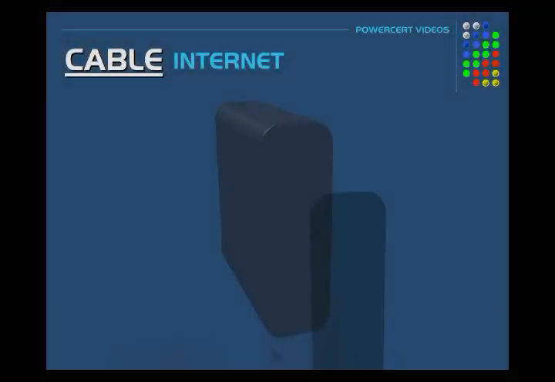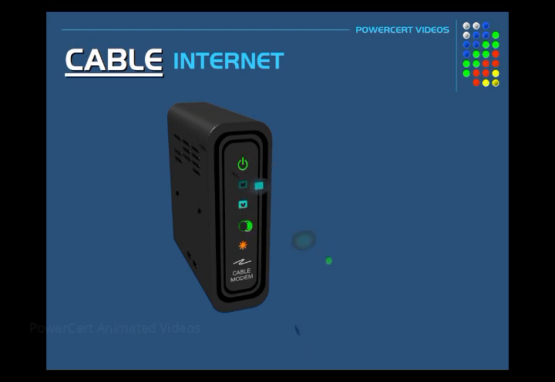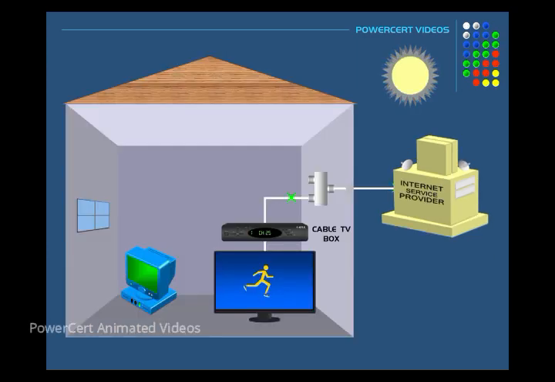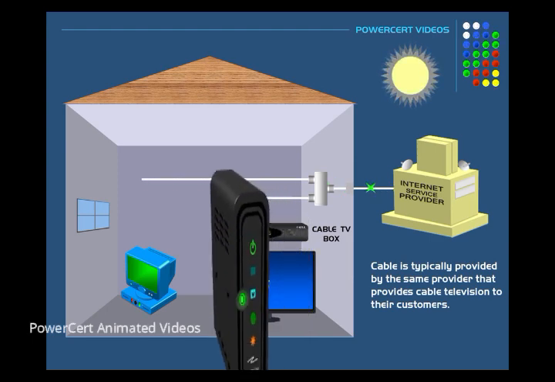Now, cable internet is a high-speed access technology that uses a cable modem with an attached coaxial cable which provides a link to the internet service provider. Broadband cable is typically provided by the same provider that provides cable television to their customers.